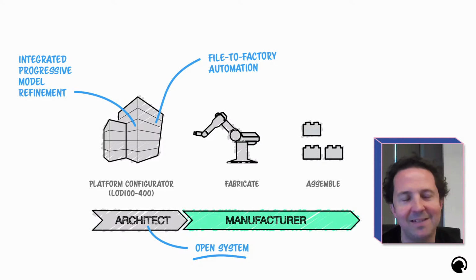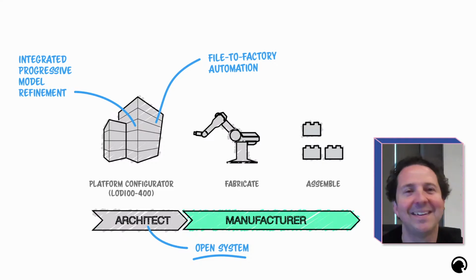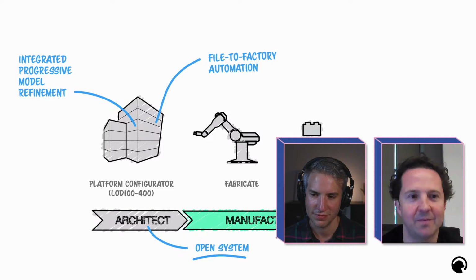I think we need to move away from this: I'm going to design it, and then someone else is going to build it, and I don't care how they do it as long as it looks the same. I think that causes a lot of problems, and we need to move away from that as an industry.